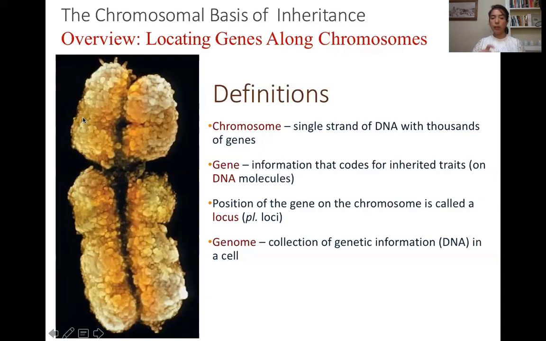And this region is going to have a gene, a piece of DNA, a sequence of nucleotides. We're going to go through that later in the next section. And a genome, the definition of a genome, is the collection of genetic information, that means the DNA in a cell. That's all of the DNA that a cell has.